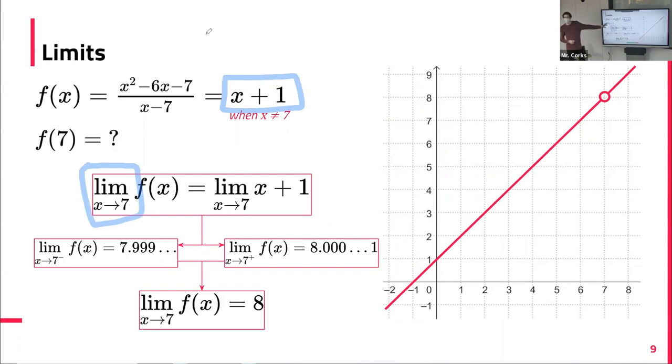So here's this formal math way of showing, well, if I'm slightly below, we get infinitely close to this point. And if we're slightly above, we get infinitely close to the same point. From the negative side and the positive side, we get really, really close to 8. So that must be the answer. That must be the result.